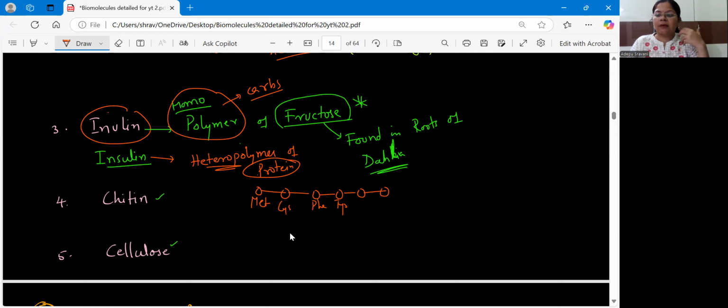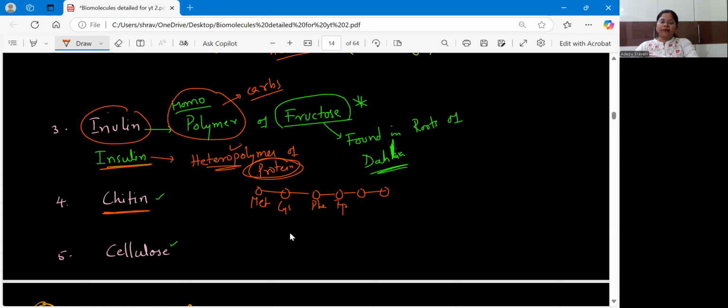So all these are different amino acids. Hence, proteins are always heteropolymers. So insulin is always a heteropolymer, whereas inulin is a homopolymer. One more point, insulin is a protein, inulin is a carbohydrate. So these points you have to remember with respect to inulin.